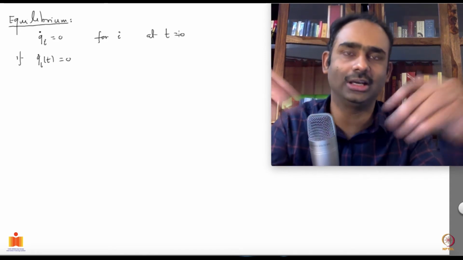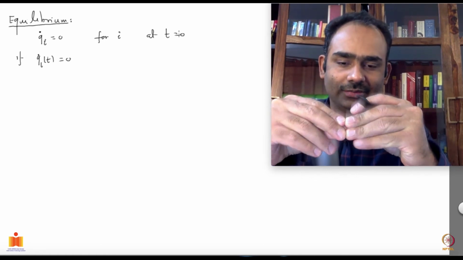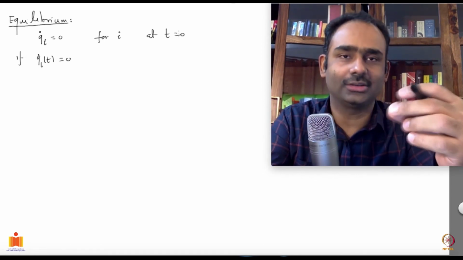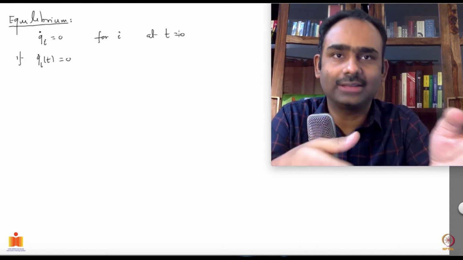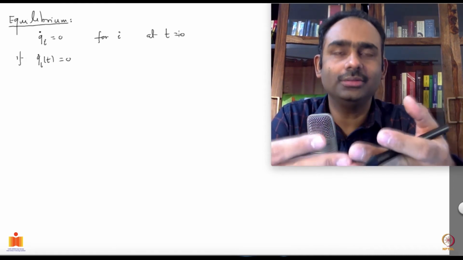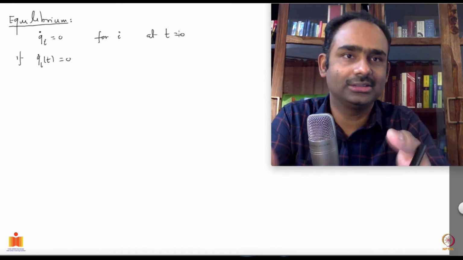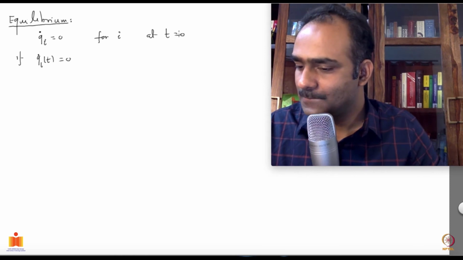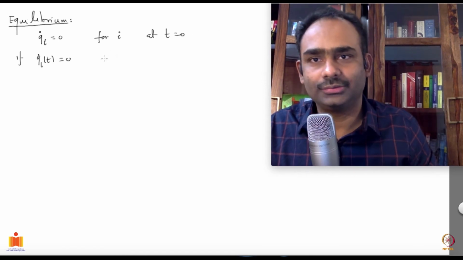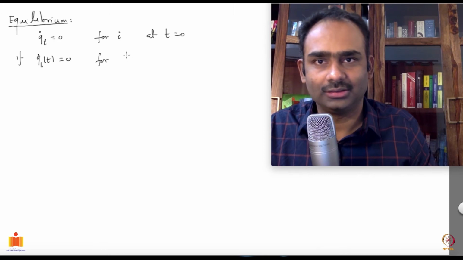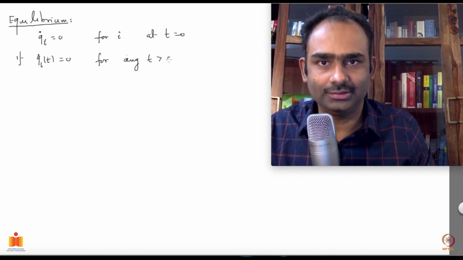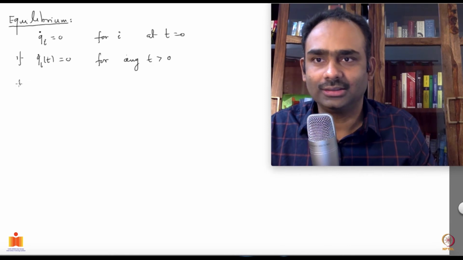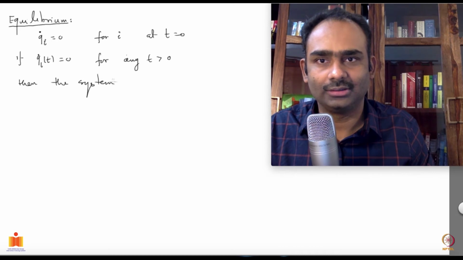So at t equal to 0, you have put the system in such a form that all the generalized velocities are 0. And if at any later time this still remains true, then it means that your system is residing at an equilibrium point. Okay, for any t greater than 0, then we say the system is in equilibrium.